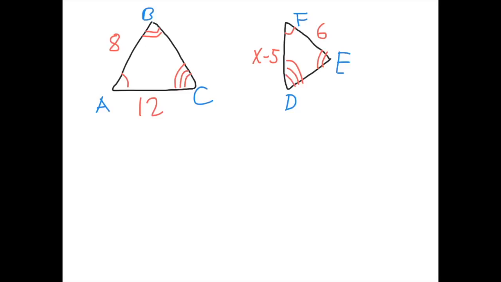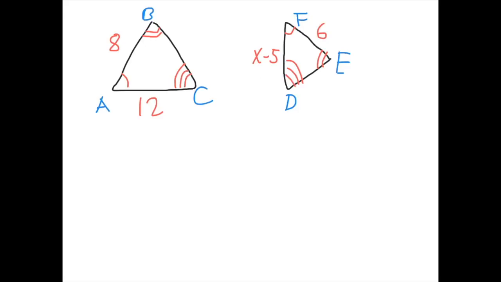Then we want to find what is the scale factor from ABC to FED. So, these triangles are similar, and in a problem it would be stated. And you have to find out, first, x. What is the value of x?